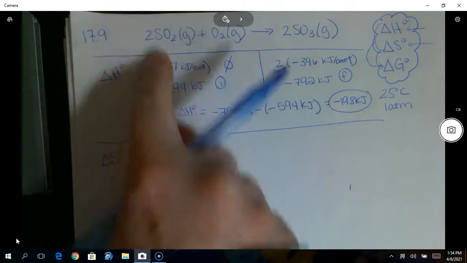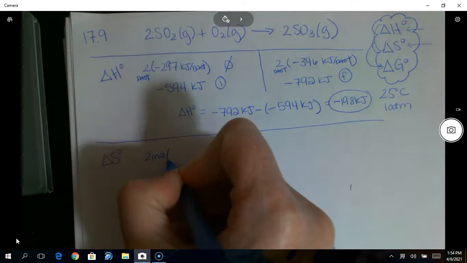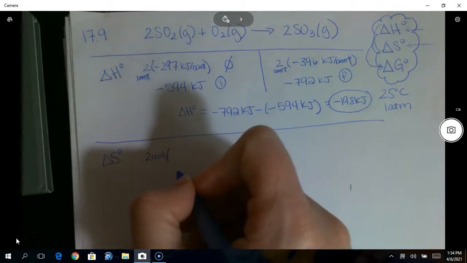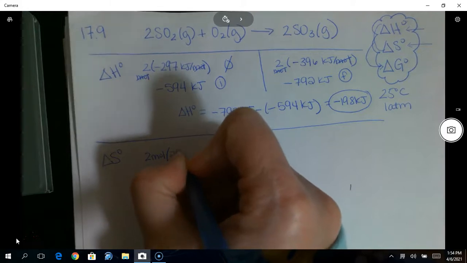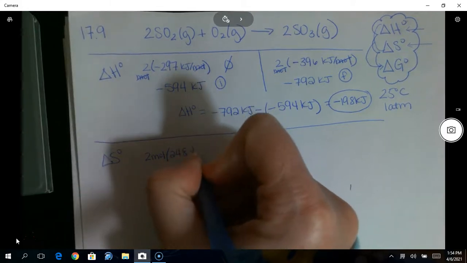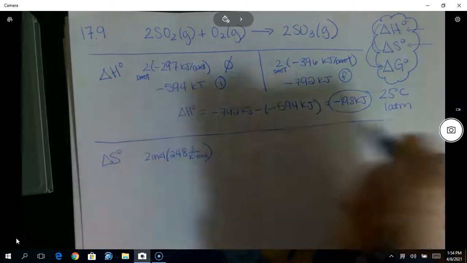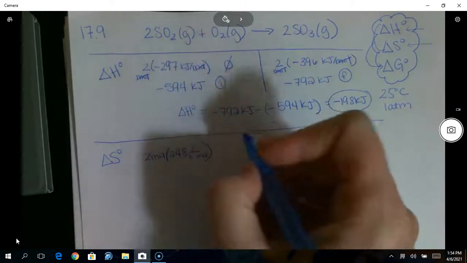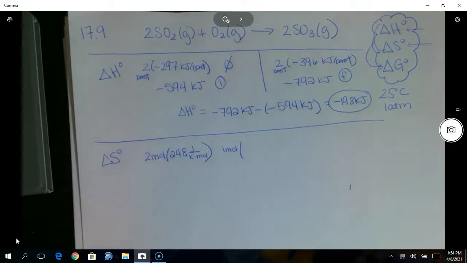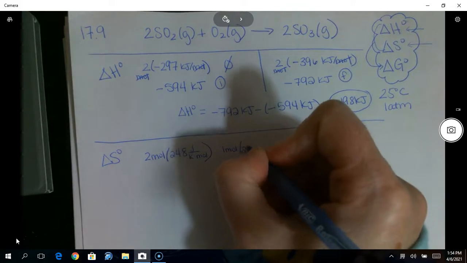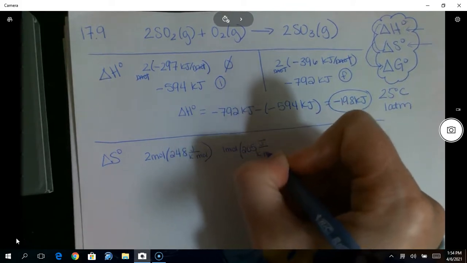Okay, so we've got 2 moles of SO2. And then we look on our chart for SO2 that's given in the problem, and this is going to be 248 joules per Kelvin times mole. For oxygen, I've got 1 mole of oxygen, and when I find oxygen on this, it's going to be 205 joules per Kelvin times mole.